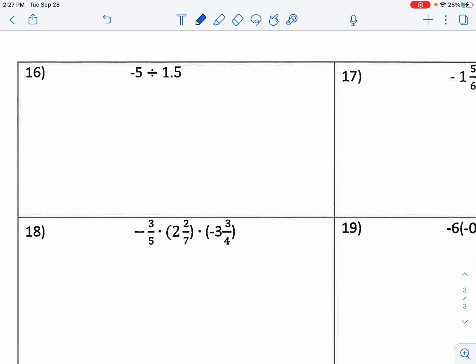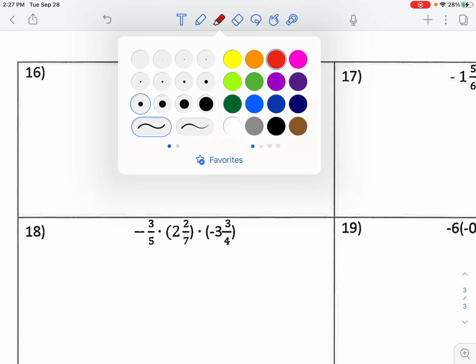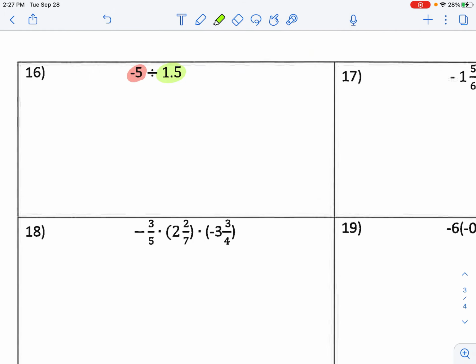Division. So notice here we have a negative divided by a positive. Negative divided by positive is a negative. So I'm going to write that in my answer box before I forget. So when you're reading a division problem from left to right, negative 5 divided by 1 5/10, the first number always goes on the inside of the division.